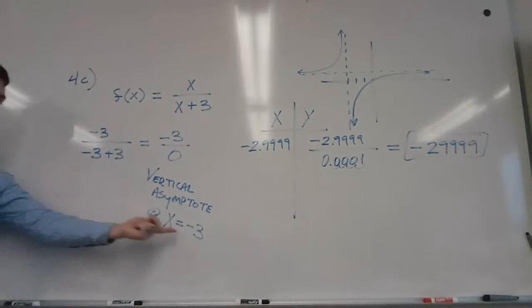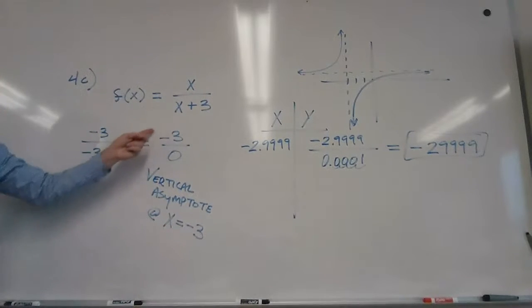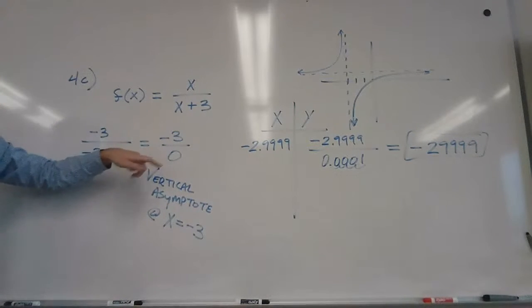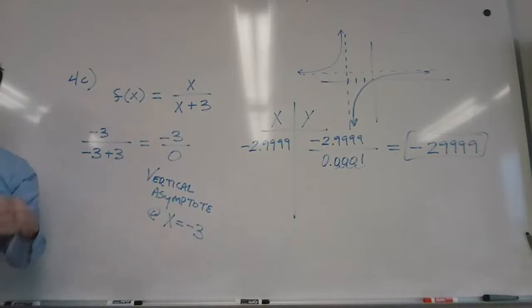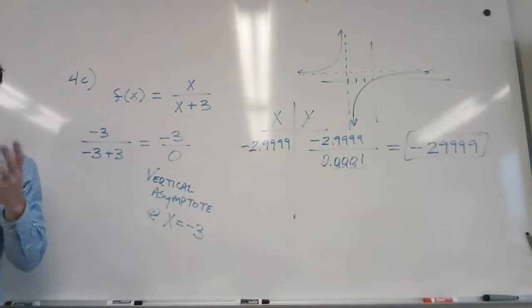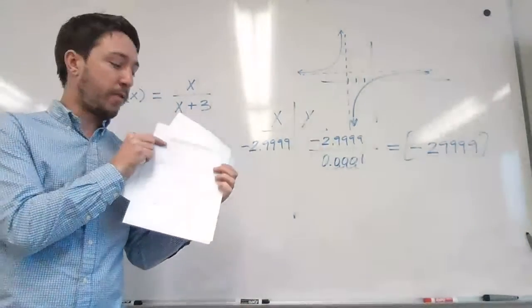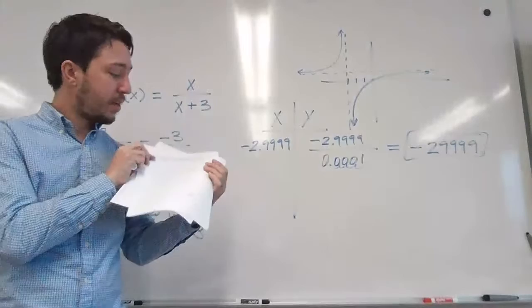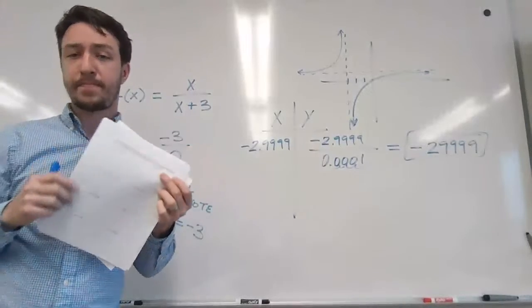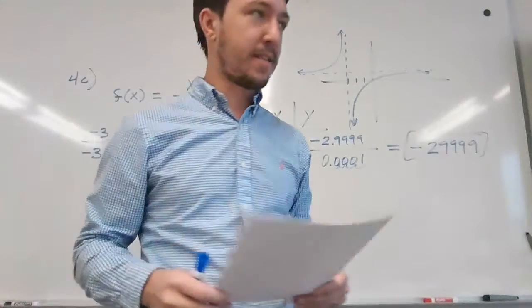It's -3, and if plugging in that number causes the equation to take on a non-zero number over 0, it's a vertical asymptote. If you get 0 over 0, it depends. As we saw on 4A, a 0 over 0 form got us a hole, and on B, it got us a jump.